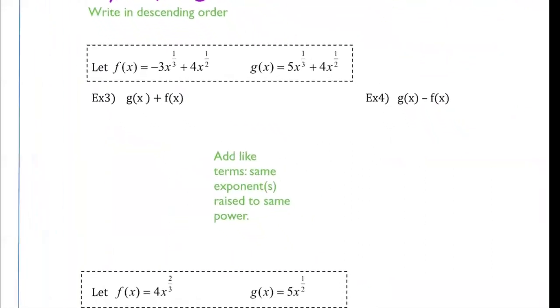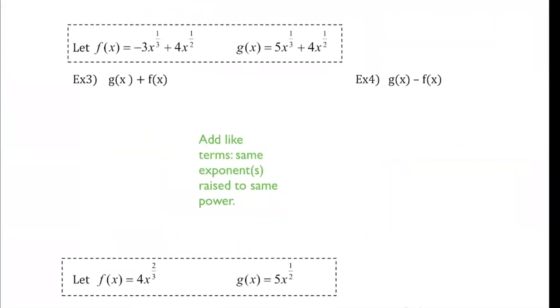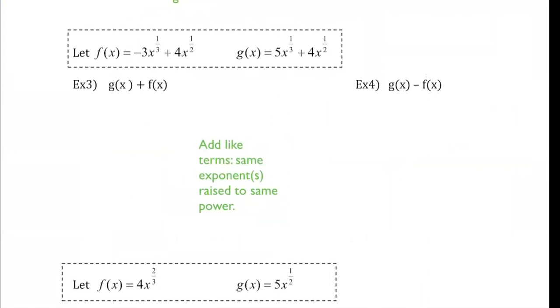Now, let's do this with some new stuff here. For this unit and last unit, we learned about properties of exponents, and we've also recently learned about rational exponents. So we're going to combine that with this as well. So let's see, we have f of x here. I'm just going to highlight these again just so I can see what I'm working with.